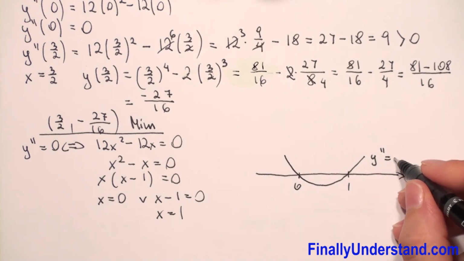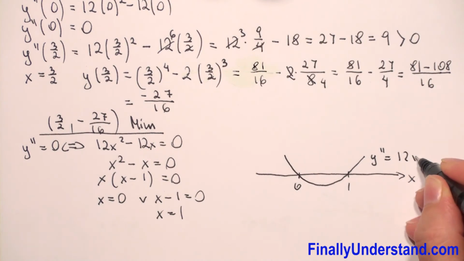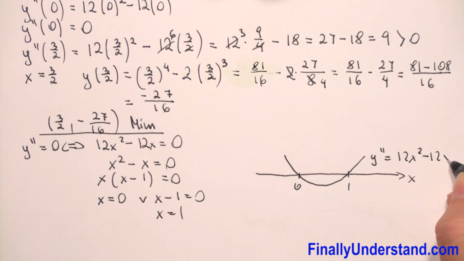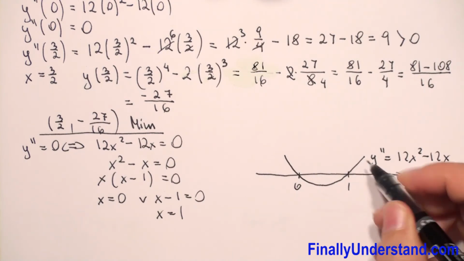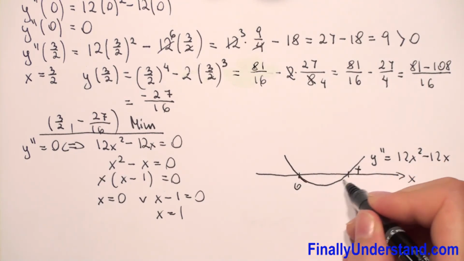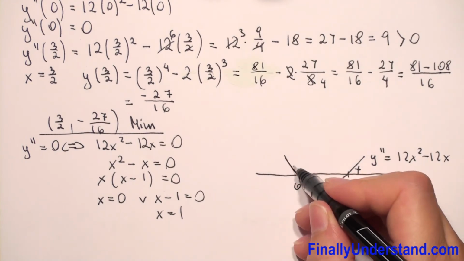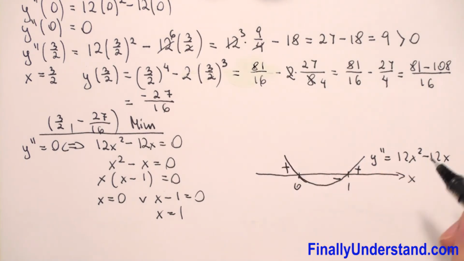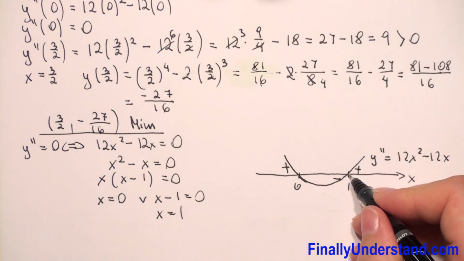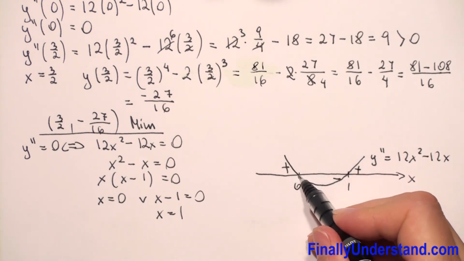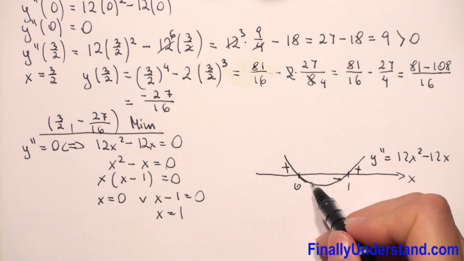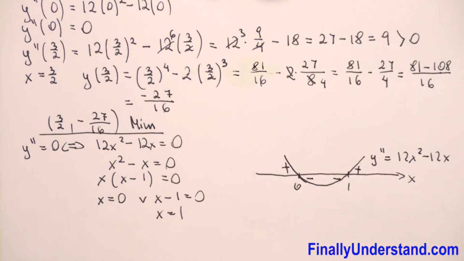Our second derivative function is 12x squared minus 12x. This part is above the x-axis, so it has a positive value. This is under, so it has negative. This is above, so it has positive. So we see when we pass 1, we change sign from positive to negative. When we pass 0, we change sign from negative again to positive. So it means we have two inflection points.